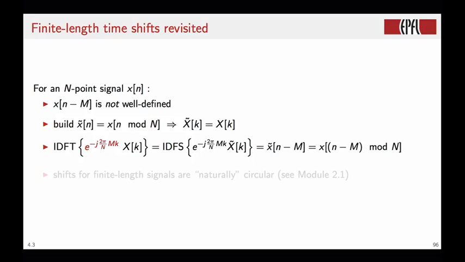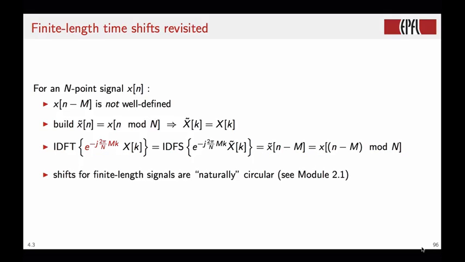So the inverse DFT of the signal times this delay factor that we showed in the previous slide is numerically equal to the inverse DFS of the same quantity. But we know that the inverse DFS of this will be a delayed periodic sequence. And if we go back to the definition of how we build this periodic sequence, this will be simply x of n minus M modulo big N.